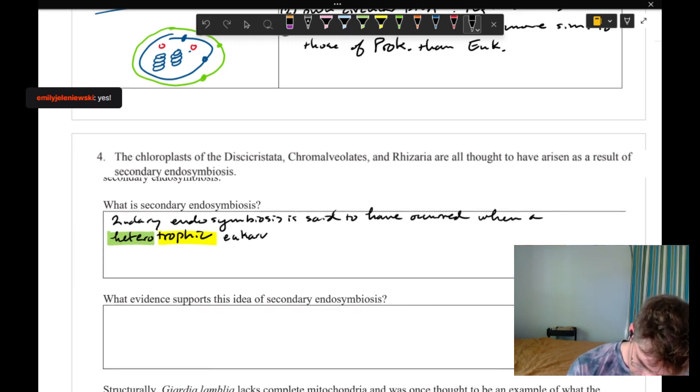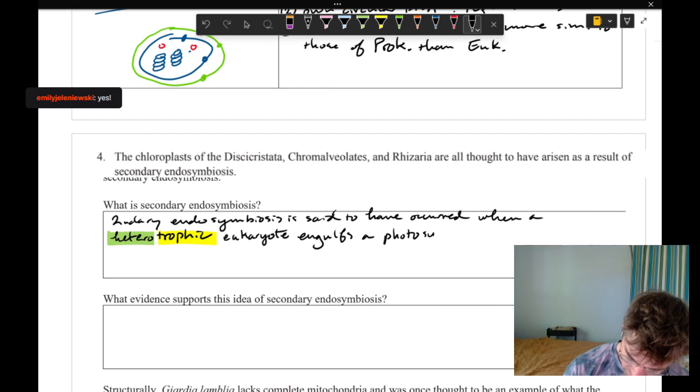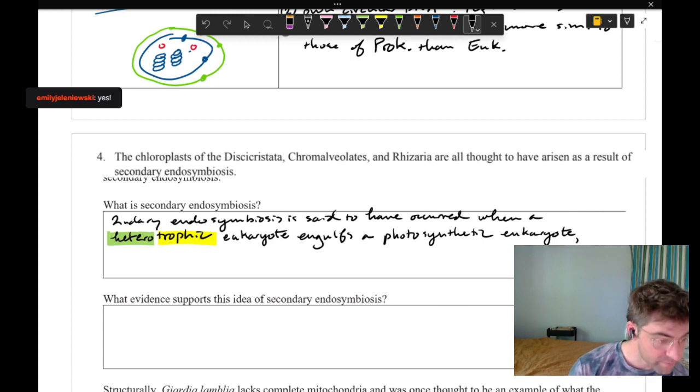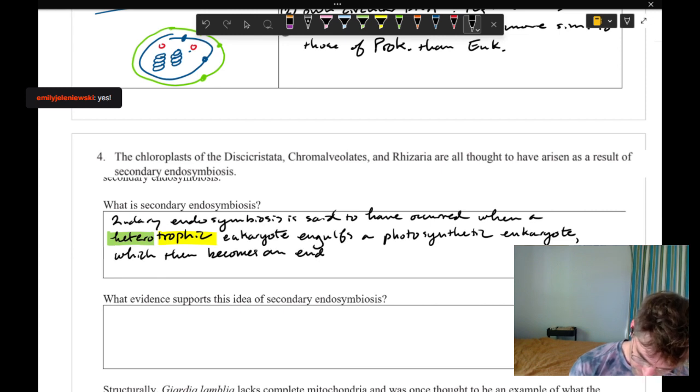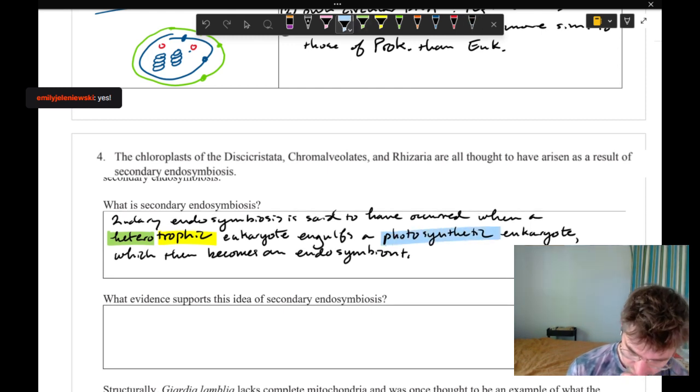An organism that eats other things eats a photosynthetic eukaryote, which is getting its energy from the sun, and they become one organism.